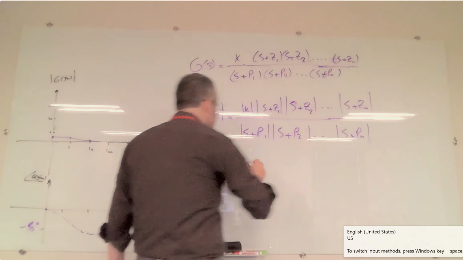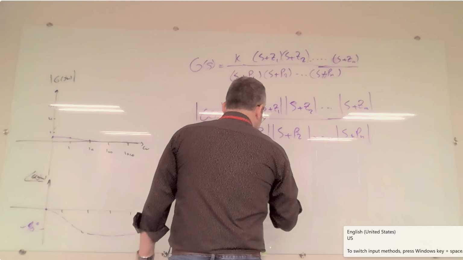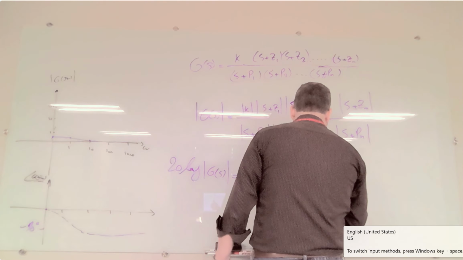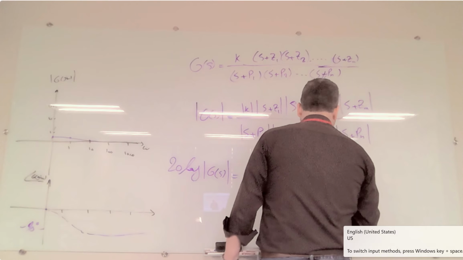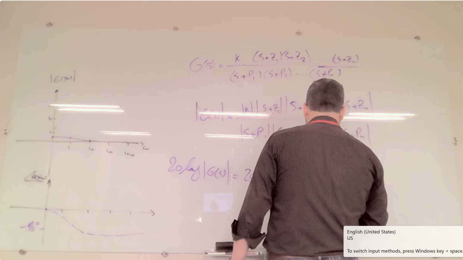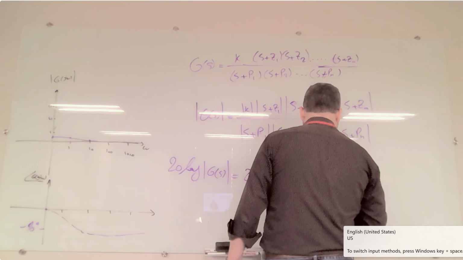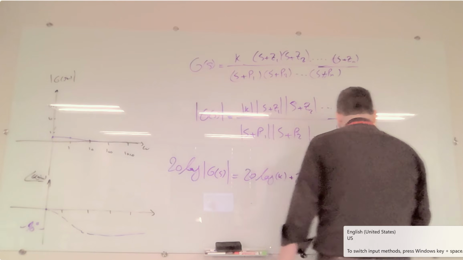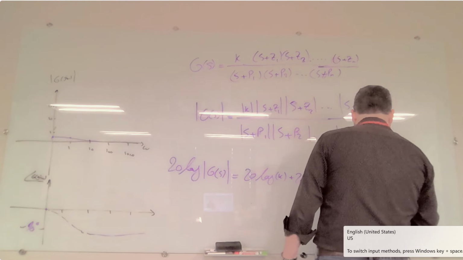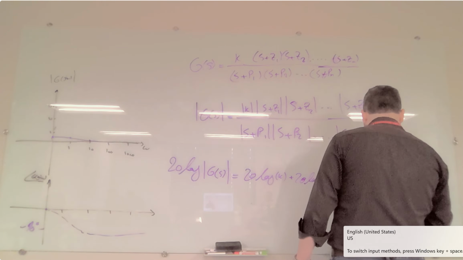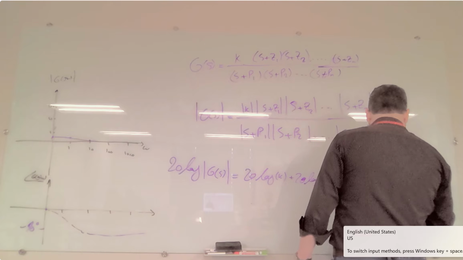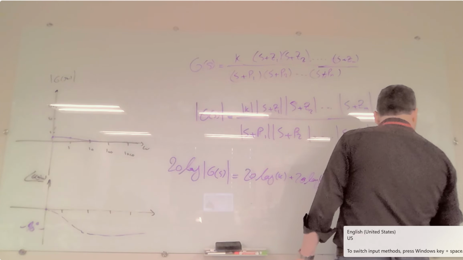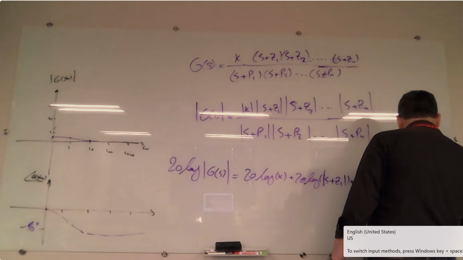So now it becomes 20 log of K, plus 20 log of the amplitude of the first one, s plus z1, plus 20 log of the amplitude of the second one, all the way to the last one.